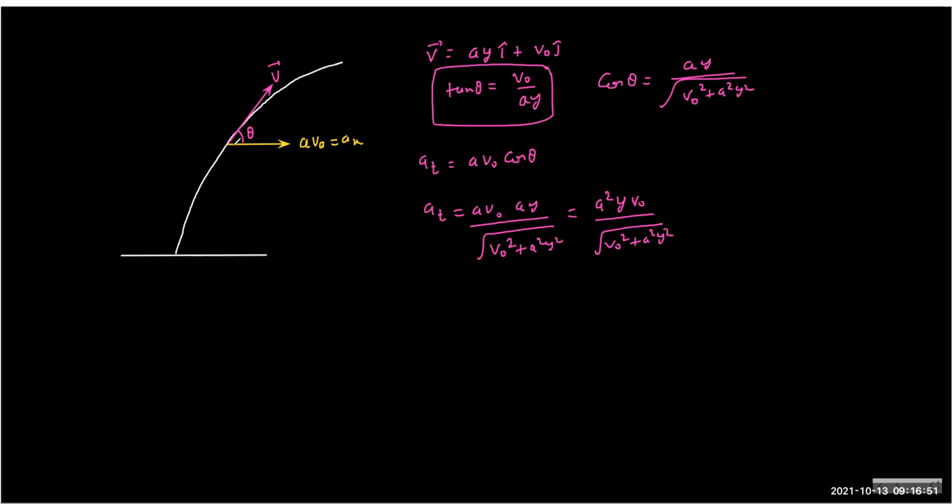And the centripetal acceleration is always this component. So centripetal is always the normal component or perpendicular component, and therefore we can write like this. Now AC we can write simply as A v naught sine theta, and again we can get sine theta from there because we have tan theta value.